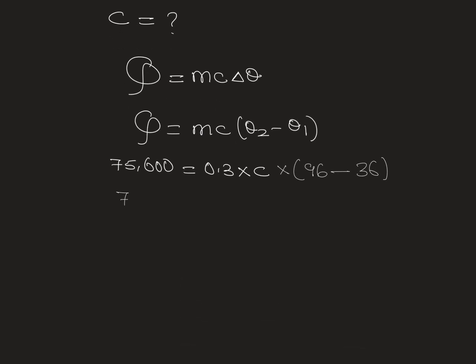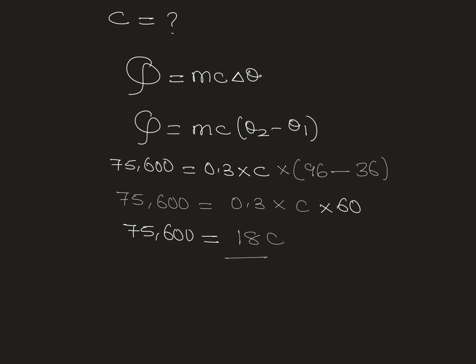So that will be 75,600 is equal to 0.3 times C times 96 minus 36, which is 60. So we will have 75,600 is equal to 0.3 times 60, which is 18. So that will be 18C.